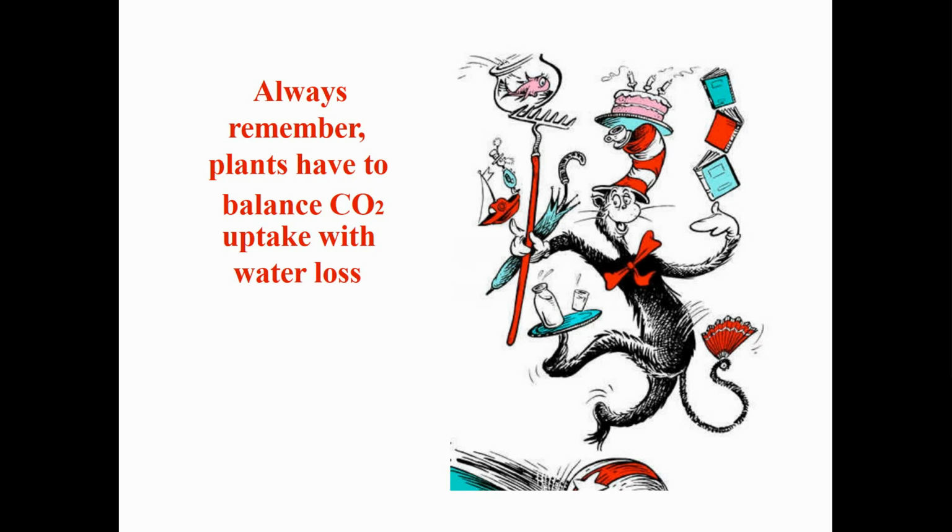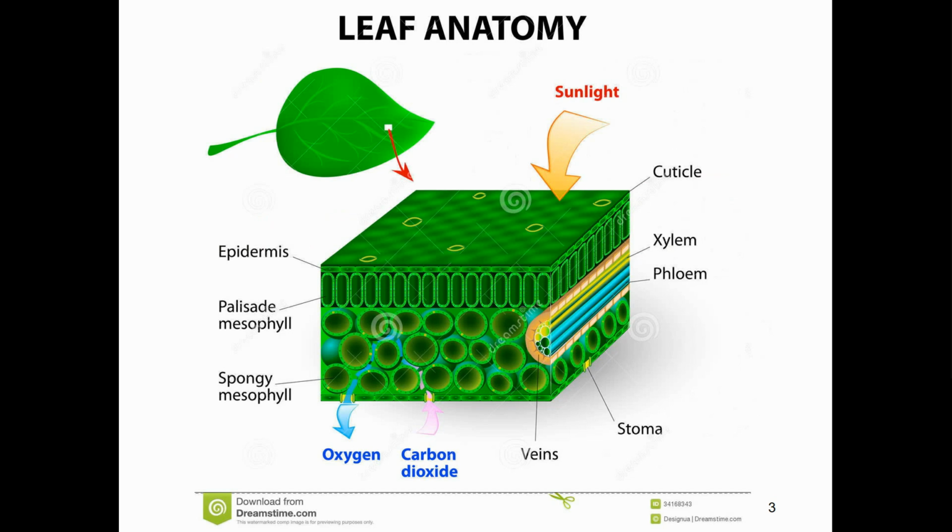But before we even start, I just want to quickly go back into leaf anatomy. I want to talk about this for a little bit, and I want to do some recap from high school. So we know that the leaf's job is to capture sunlight. We know that the leaf's main job is to photosynthesize. So the anatomy of this piece of equipment has been designed specifically to capture sunlight and convert it into energy.